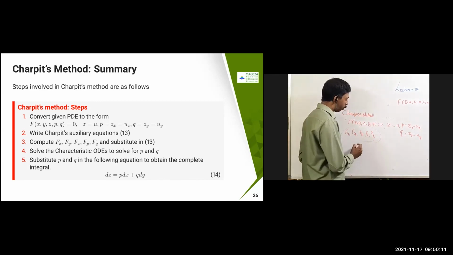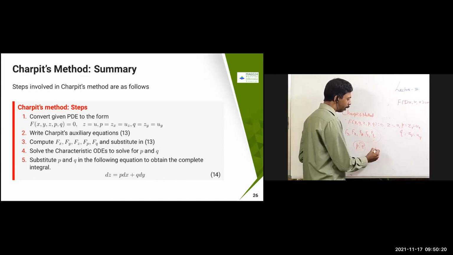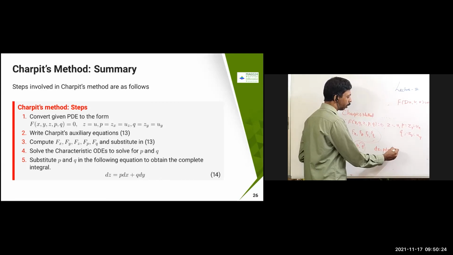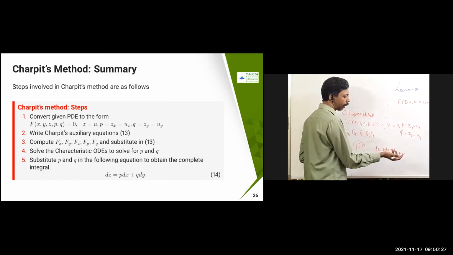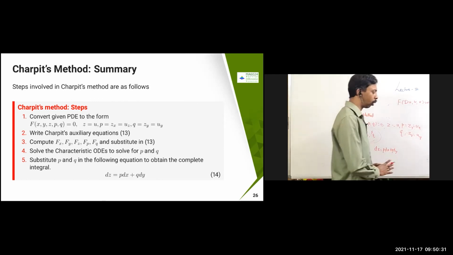Then solve for p and q. Solve that equation for p and q, and then substitute in this equation: dz equal to p dx plus q dy, and then integrate that. Then you are going to get the answer for z.